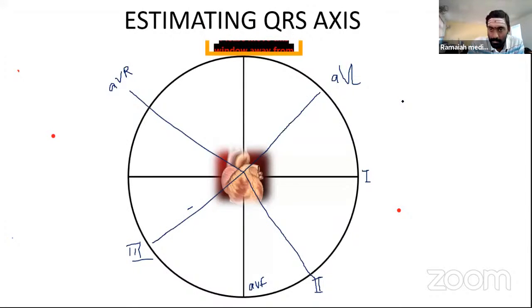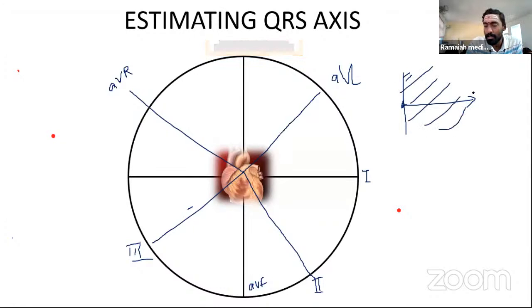Very important is the concept of a vector. We have understood it. We'll just recapitulate it. So a vector is anything that has a direction and an amplitude. So if a wave is going towards this direction, this entire portion of the activity is going to be positive. Let's say it's carrying a positive charge. This whole thing is going to be positive.